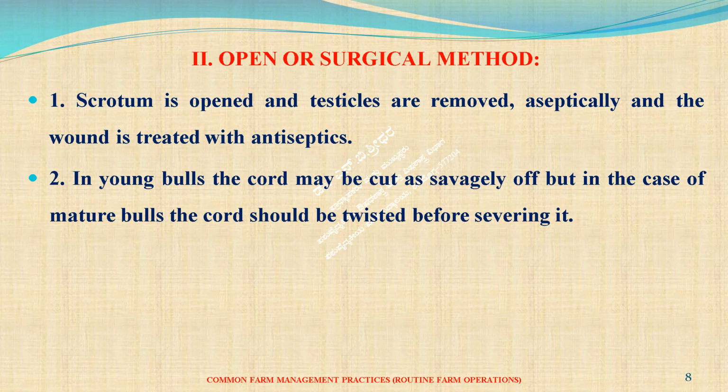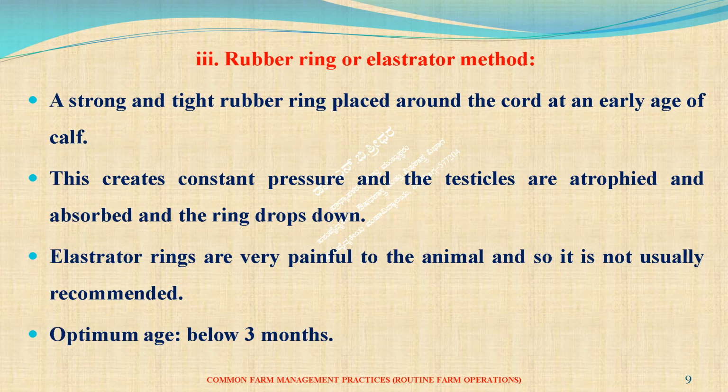In young bulls, the cord may be cut straight off, but in mature bulls the cord should be twisted before severing it, and sometimes a knot or ligature should be put, especially on the blood vessels. It needs to be conducted under local anesthesia and with tranquilizers.